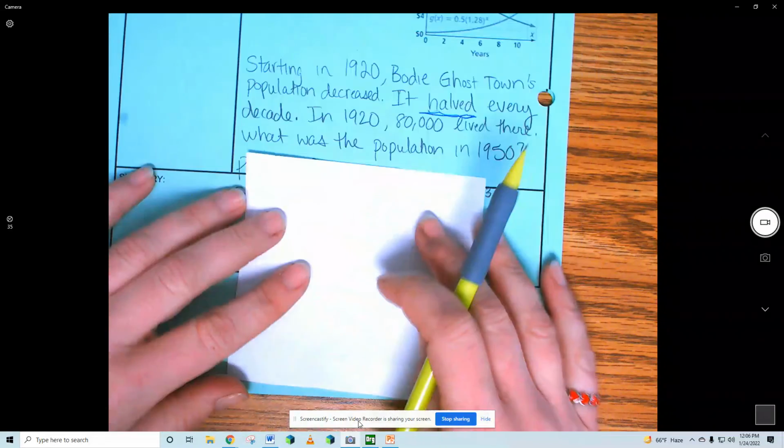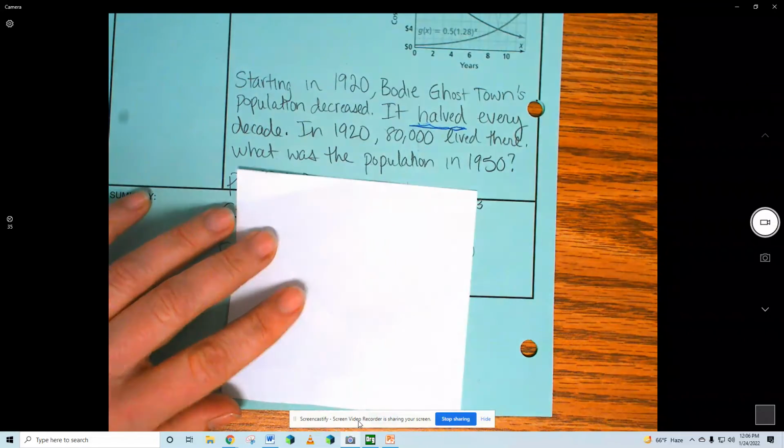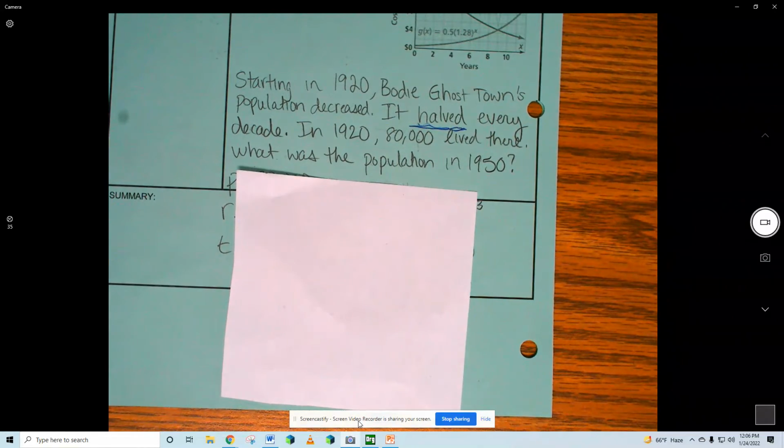Okay. I want you to write down this problem at the bottom of the paper, wherever you have space. Starting in 1920, Bodie ghost town's population decreased.